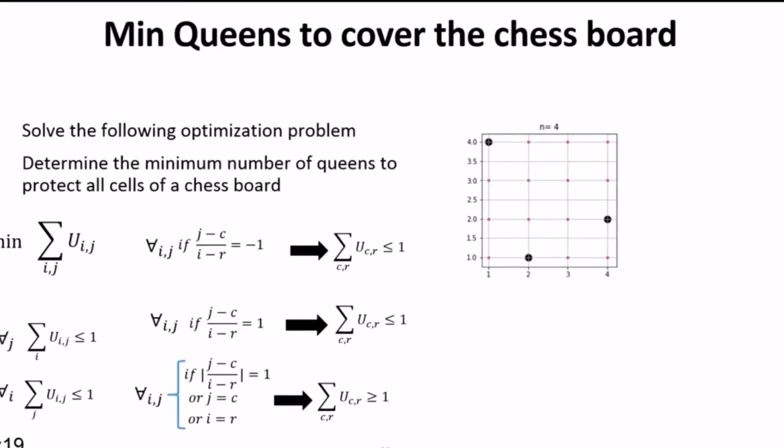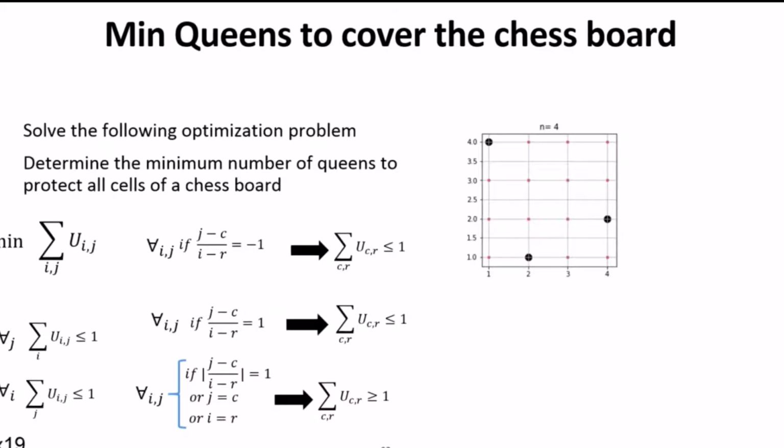So we need another kind of constraint saying that for every i and j, if we do the summation over u, c, and r for every diagonal or anti-diagonal, or every row or every column passing through that cell, the summation should be bigger than or equal to 1. It means that the cell should be protected by at least 1 queen.